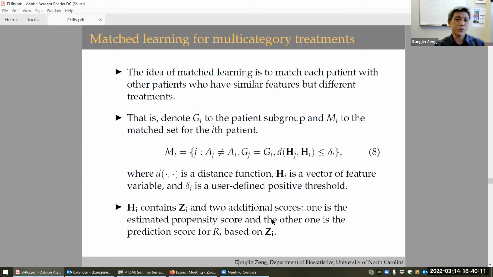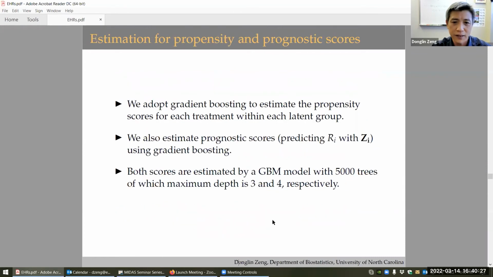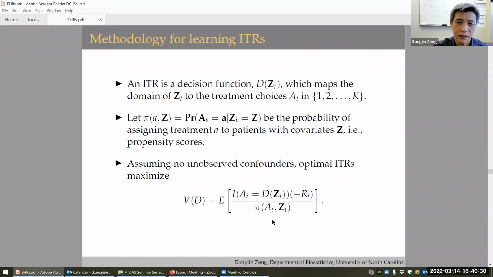So once you have this score and you have these feature variables, the machine learning we take here is based on our earlier work, which we call matched learning. The idea is, in a lot of cases, people do this optimal treatment rule, and for this one, they rely on minimizing the empirical risk.